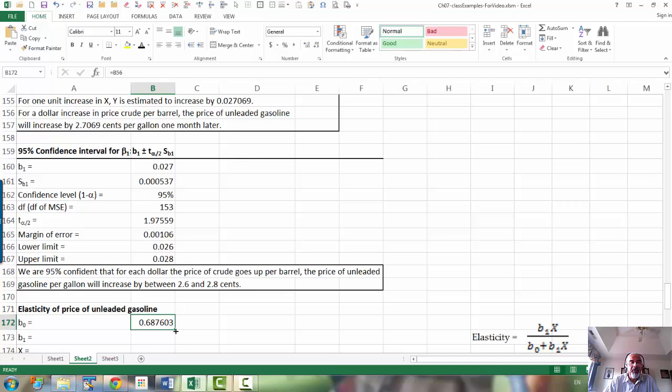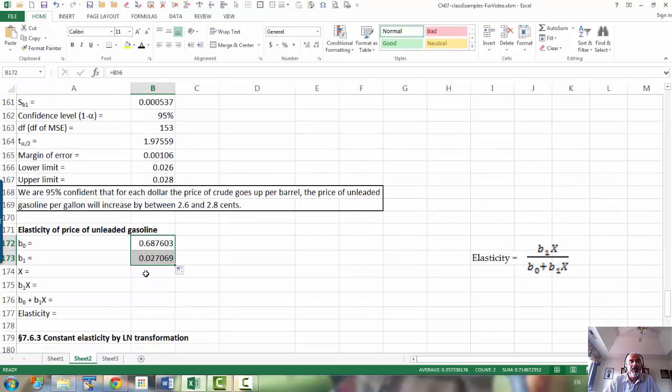Now we copy that down, then we'll get b sub 1. Now let's suppose that we want the elasticity for when x is equal to a particular value, and we'll use the same number that the textbook uses.